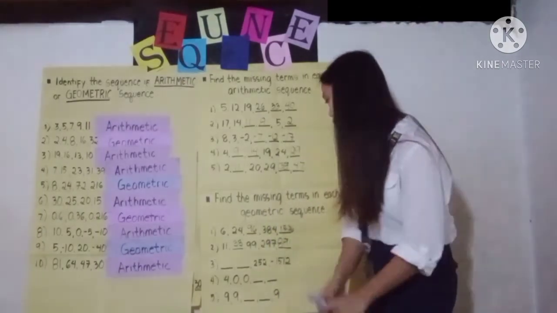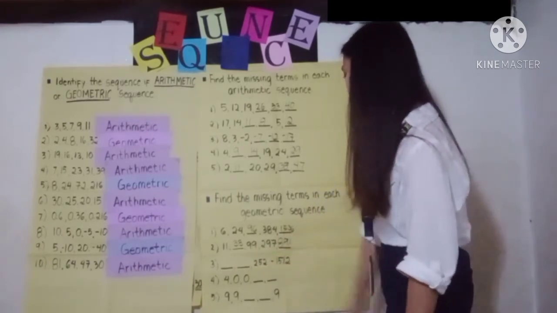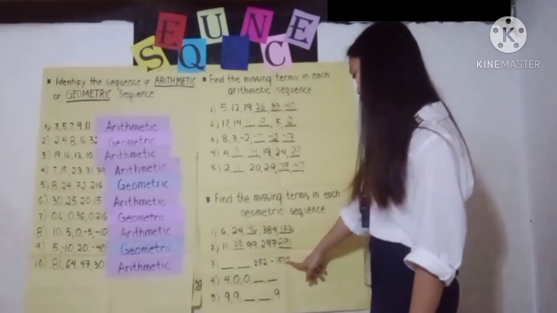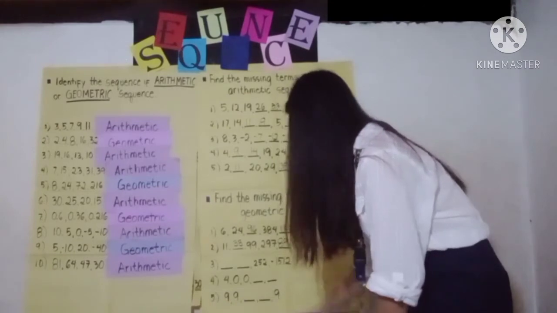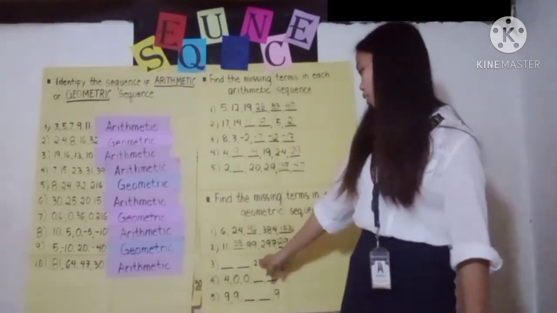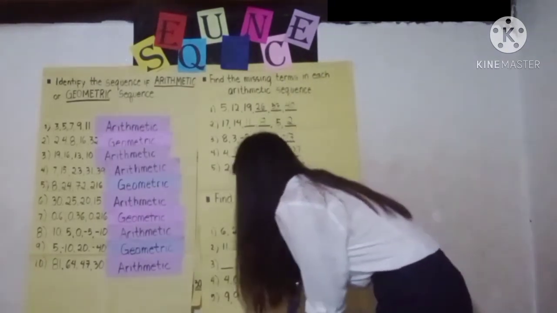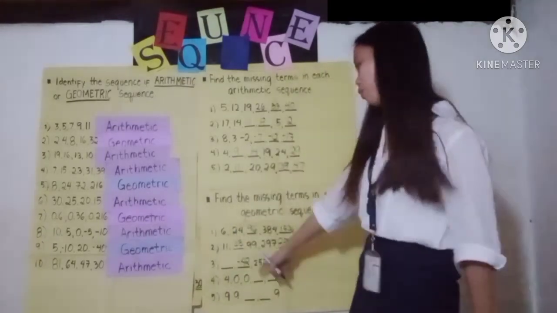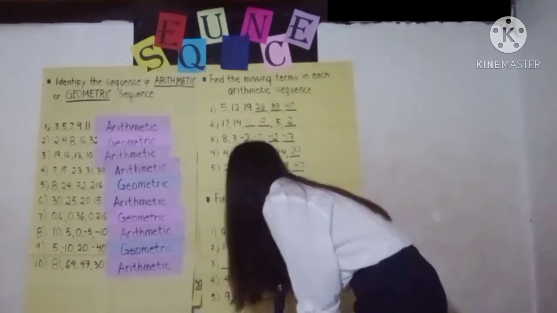Then number 3, the given is 252 and negative 1,512. The common ratio is negative 6. So 252 divided by negative 6 is negative 42. Negative 42 divided by negative 6 is 7.